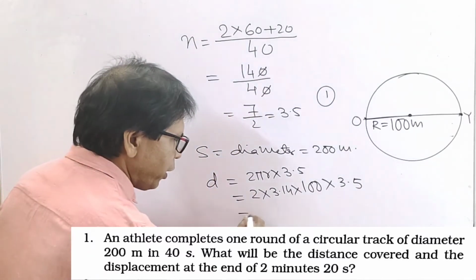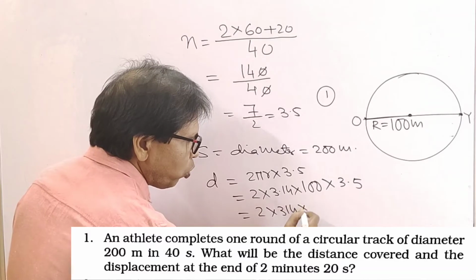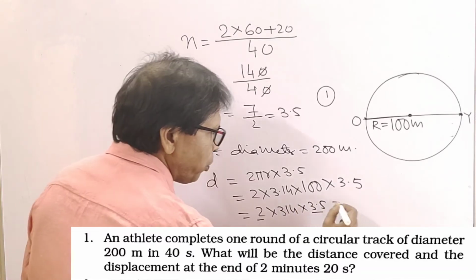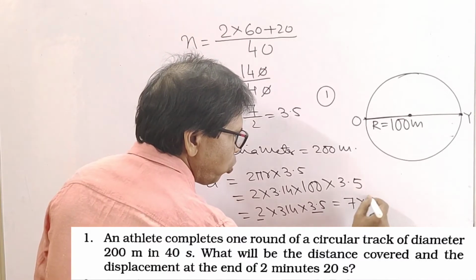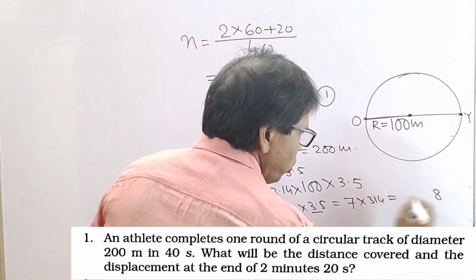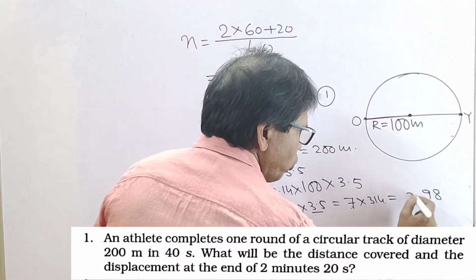Okay. Now look at this. This is 2 into 314 into 3.5. Look at this, 2 into 3.5 is 7. So this is 7 into 314. Therefore this equals 28, 9, and 21.